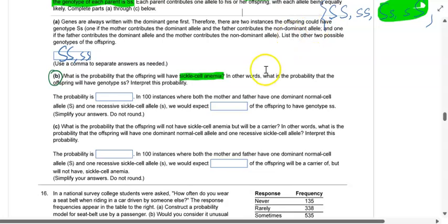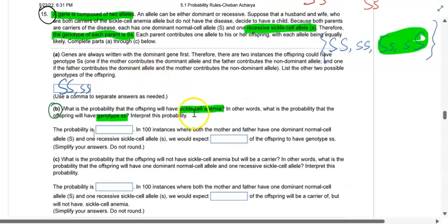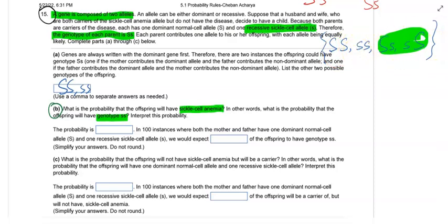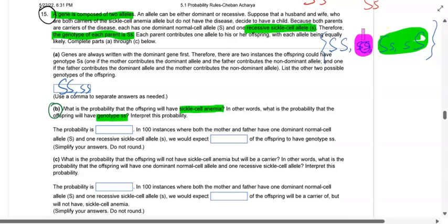Therefore, this question is looking for the probability that the offspring will have genotype ss. And the answer is 1/4, because there are 4 possible outcomes in the sample space, and out of 4 only one has ss. Therefore the answer is 1/4, which is 0.25, and the probability is 0.25.